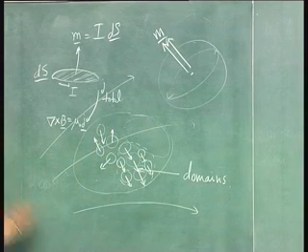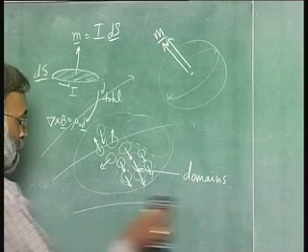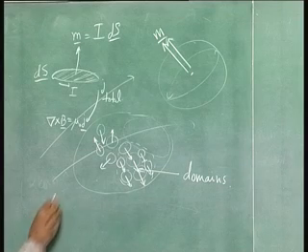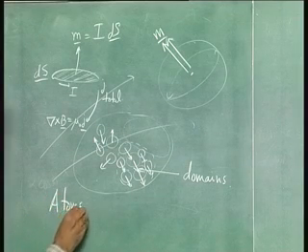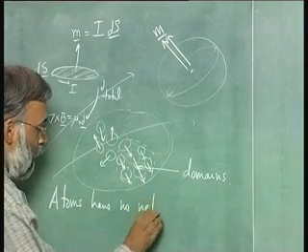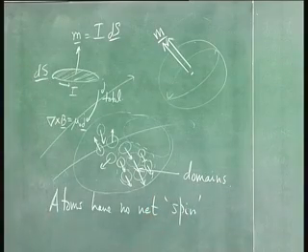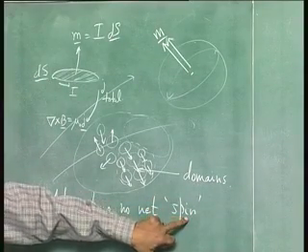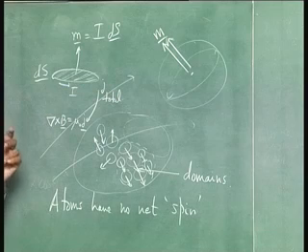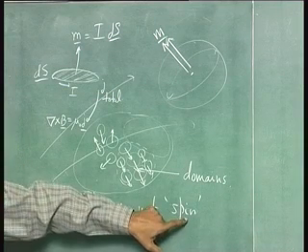So, you have three different types of materials which we can talk about. One, atoms that have no net spin. What I mean by saying no net spin is that there is no net current that I can observe the atom having.